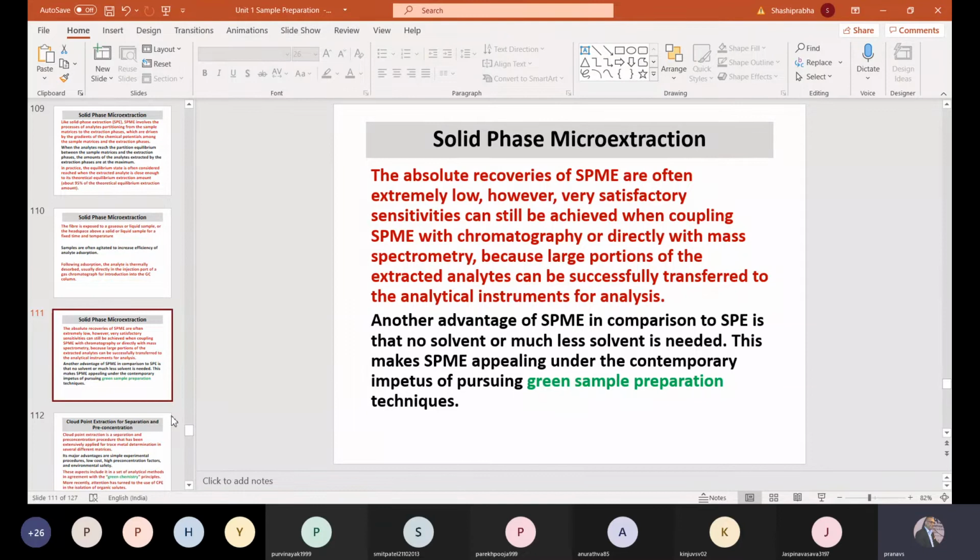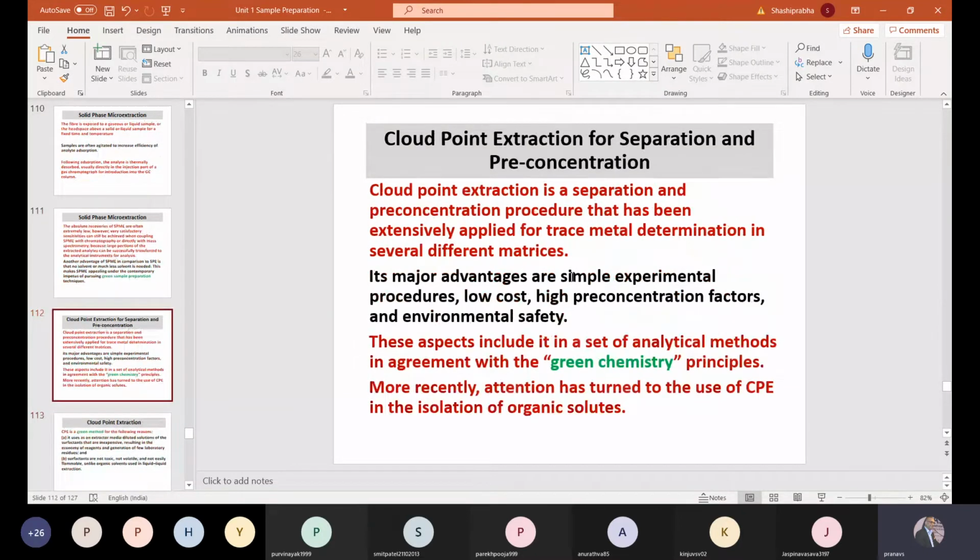And now coming over to the last extraction technique, which is also a green analytical technique. The basic intention of this technique, which is known as cloud point extraction, is separation and pre-concentration. See, these two things are very important in extraction: separation and pre-concentration.